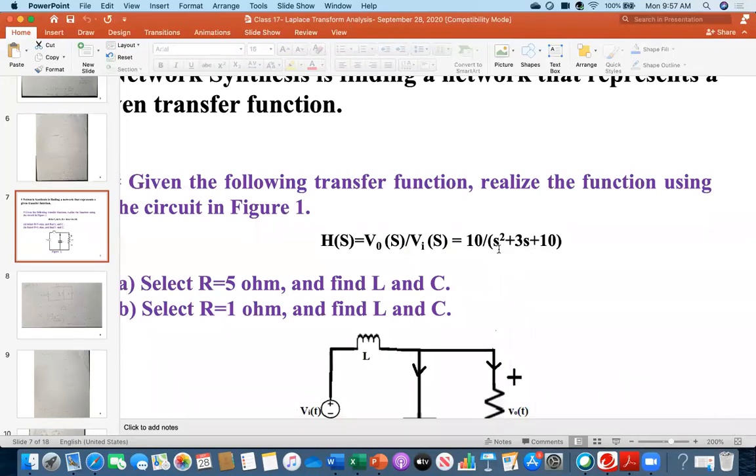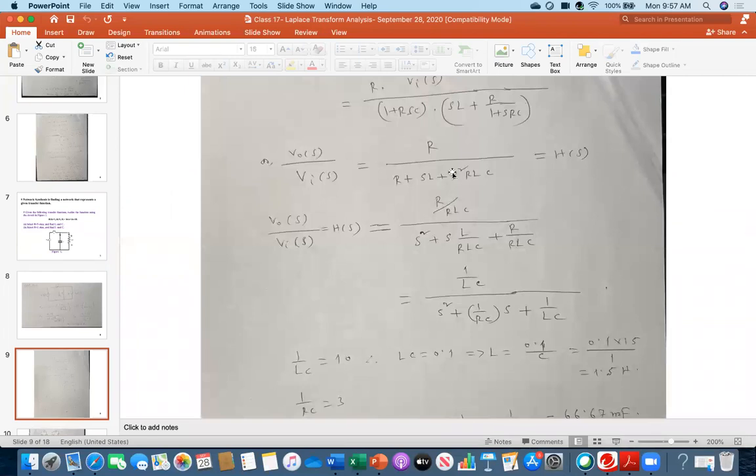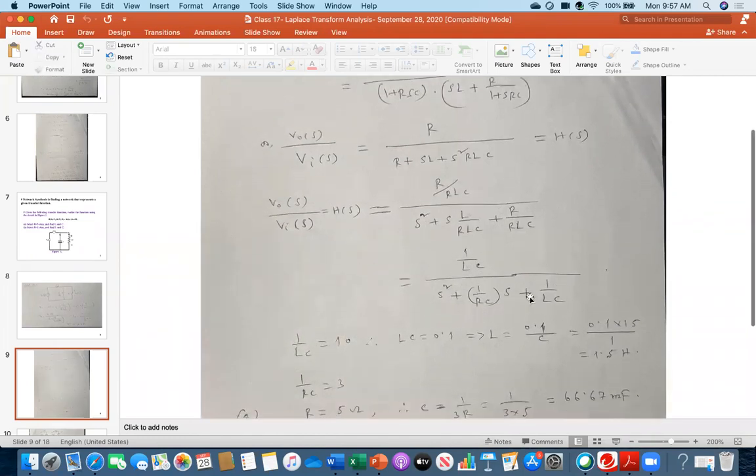Only 1 should be multiplied with s square; there should not be any constant. Here, s square has RLC. How to eliminate this? You divide numerator and denominator by that number. Exactly that I did, so that I can make a similar format to the given transfer function.